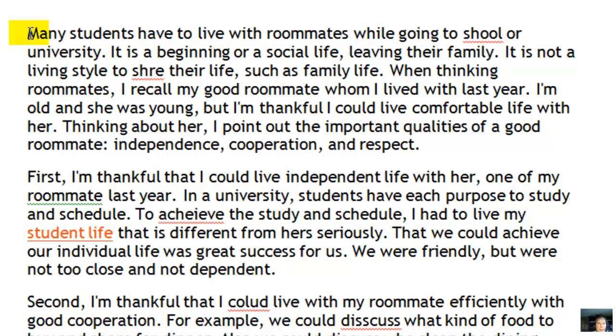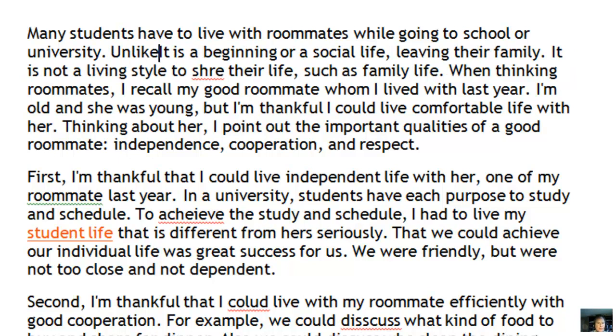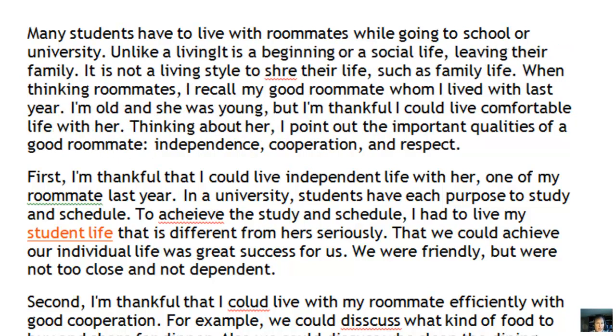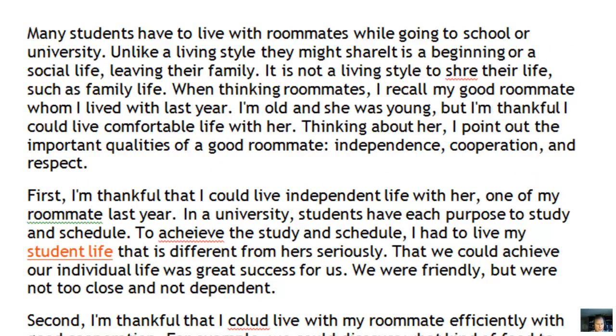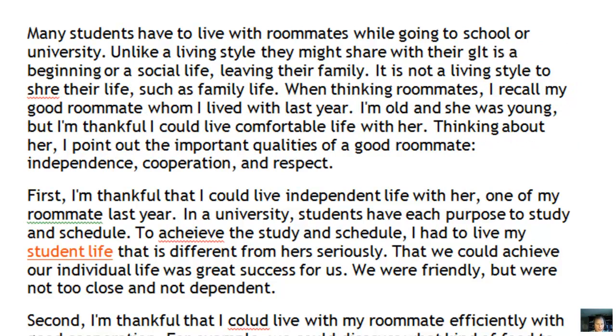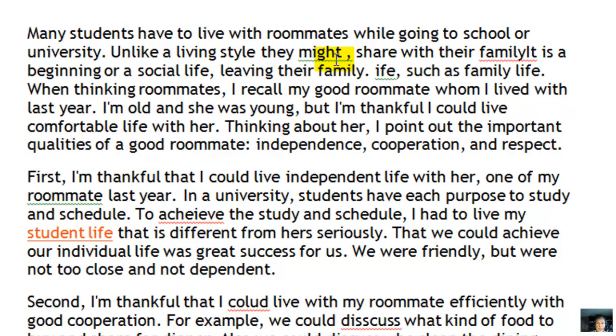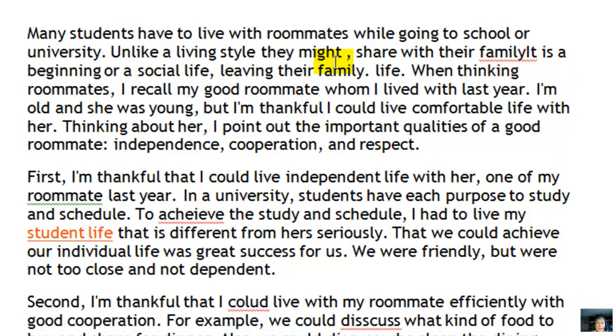So many students have to live with roommates while going to school or university. I'm going to probably say something like this. How about this? Unlike a living style they might share with their family. I'm going to get rid of all of this. I don't think I really need that, and let's give you a little bit more advanced.